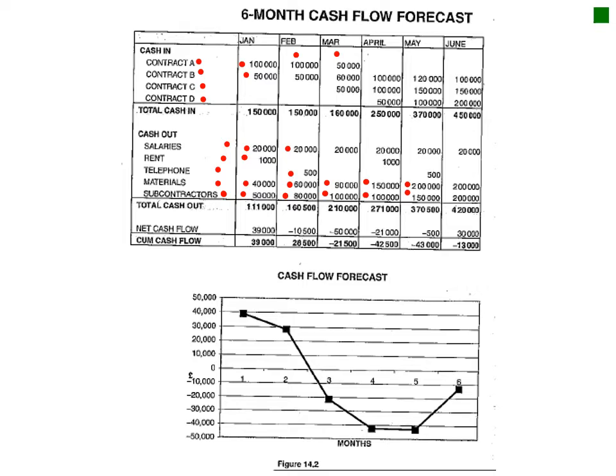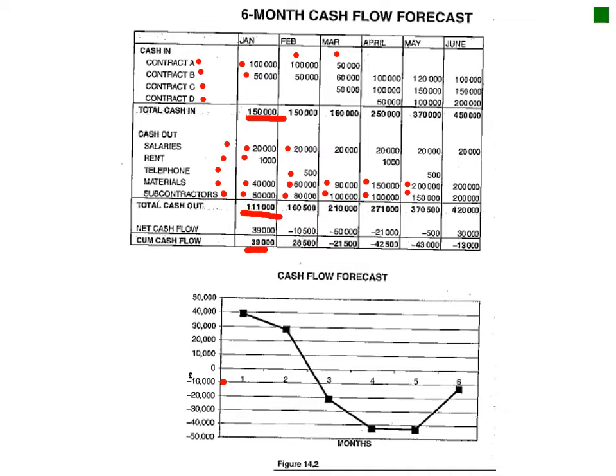Okay, so just putting that on a graph, so you've got your cash flow forecast. Here's your break-even point. So all that you do is your inflow minus your outflow to determine what your actual income would be.